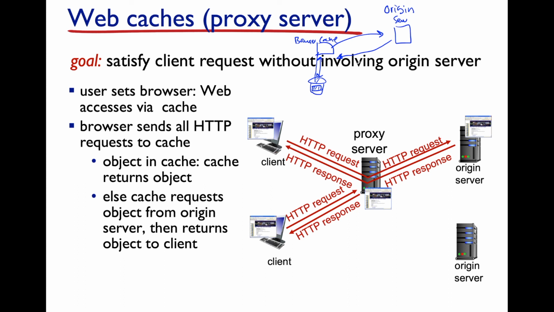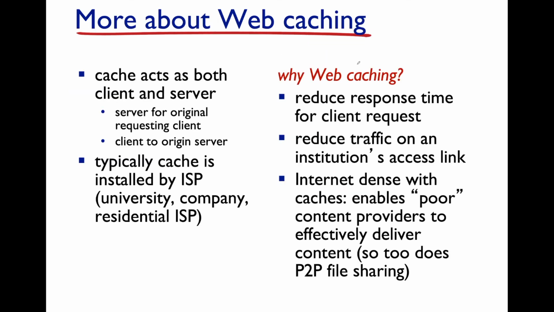So it looks in its hard drive and says, aha, I have a copy, so let me take that copy, pull it into memory, and send it back across the wire in an HTTP response rather than reaching across the internet to the origin server to fetch a new copy of that content. Okay, so what we see here is that for subsequent accesses, it's a lot faster because it's local.